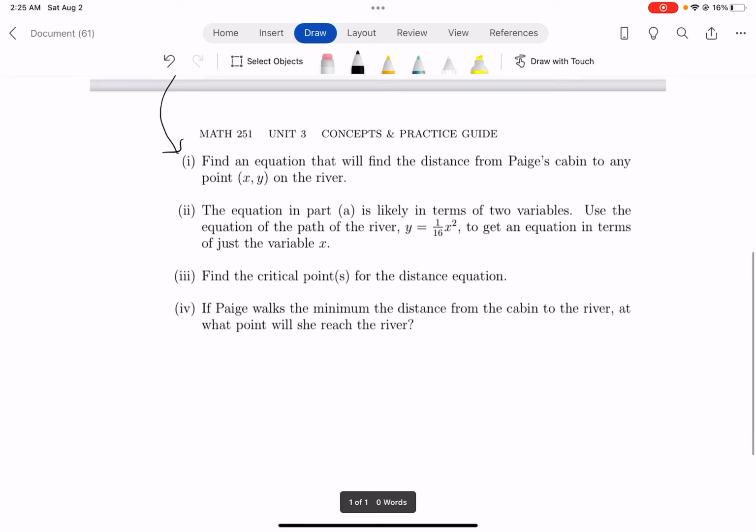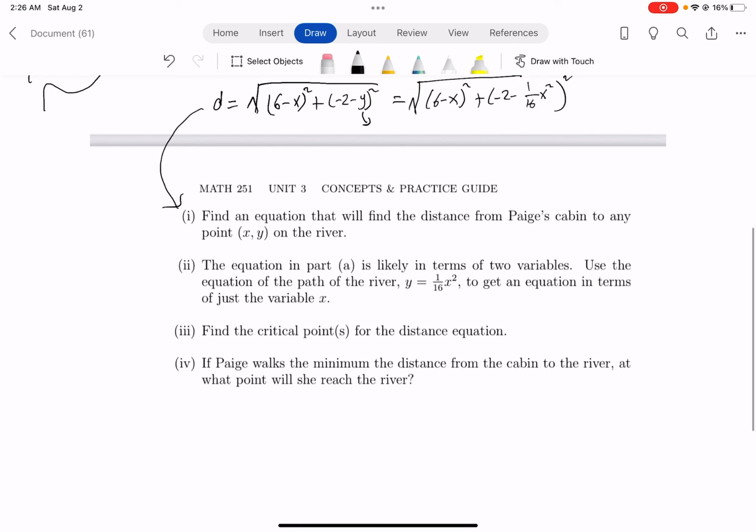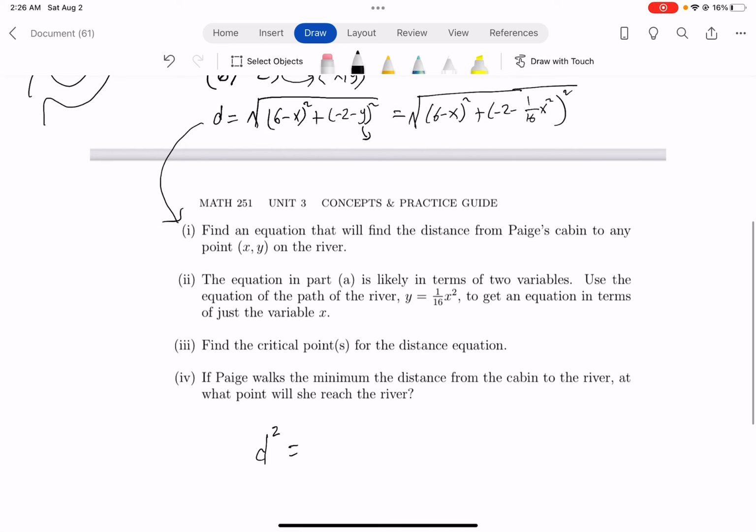So now, when you do the distance, when you square both parts, distance squared is going to give you (6 minus x) squared plus (minus 2 minus 1 over 16 x squared) squared.